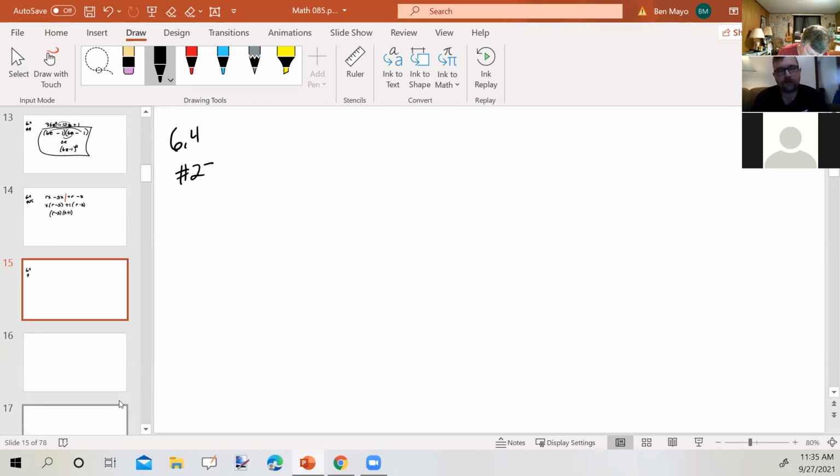6.4, number 27. Choose the correct method to factor the following completely: 4y squared minus 256z squared. This is a binomial, so I'm looking for the difference of two squares, but before I do that, I believe I can factor a 4 out.